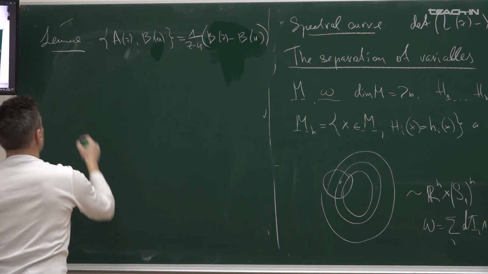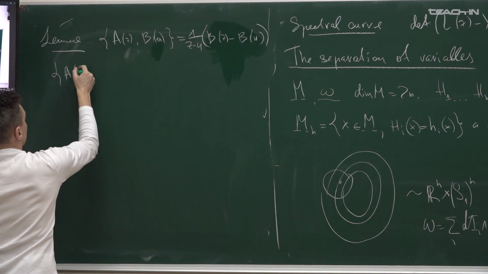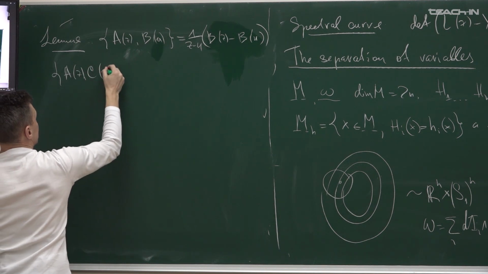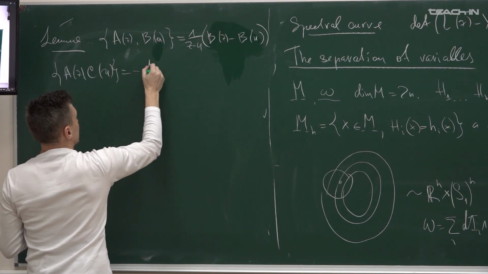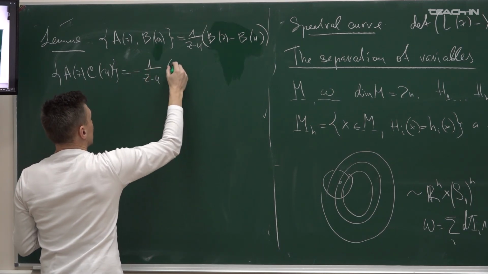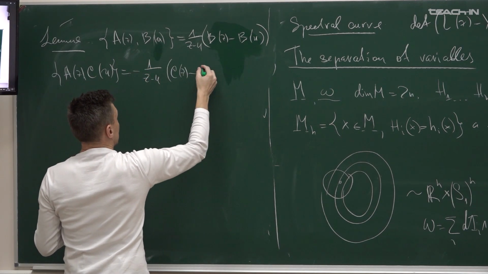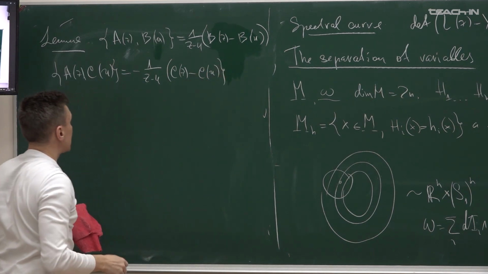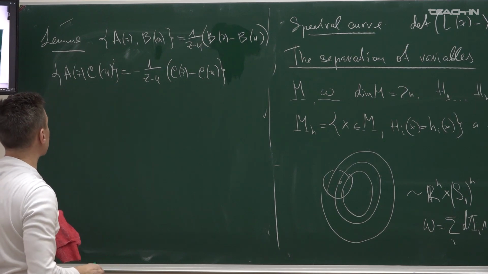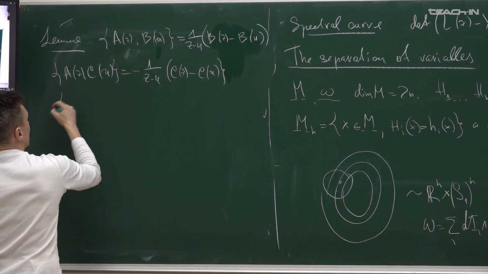A of z with C of u is equal to minus, I have some doubts, I will verify now.